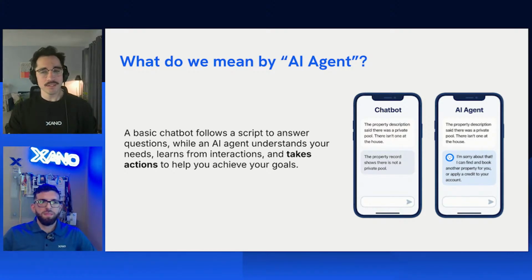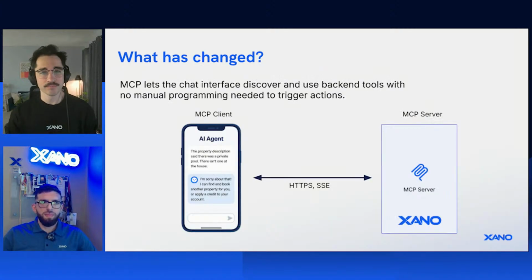Whereas an AI agent is going to use that natural language that you or your user approaches with to accomplish, well, actions. It's going to take action and do things for us. So it's going to be based off of context and awareness of what your user or yourself is trying to accomplish. And it'll be able to, using this MCP or that Model Context Protocol, accomplish this for us.